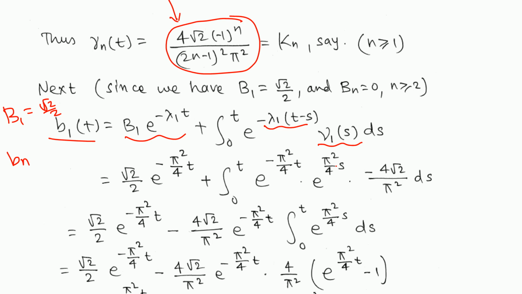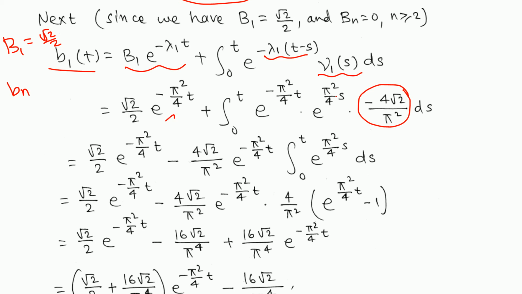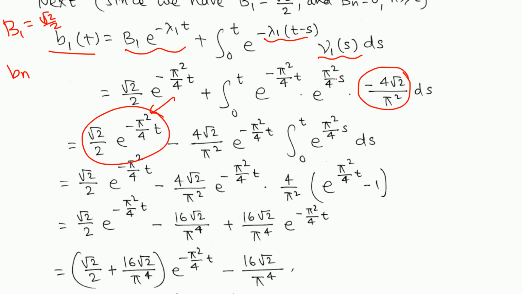Here, if we take n equals 1, so 4 root 2 negative 1, so negative 4 root 2, and this is 1 squared pi squared, so we have this. Okay, just coming from here k1, or we can say with n equals 1. Now we can integrate this. Here this integral is with respect to s, so this t function we can pull outside, and this constant can be pulled outside, so these two we can pull outside of the integral, they are here.